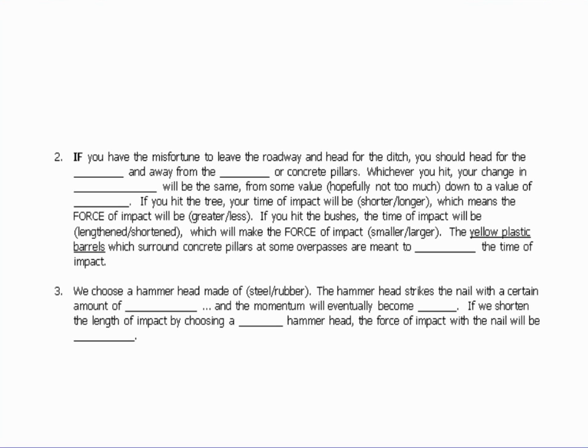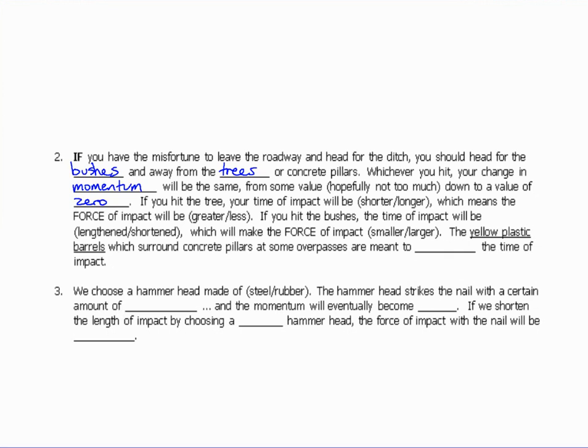If you have the misfortune to leave the roadway and head for a ditch, you should head for the bushes and away from the trees or the concrete pillars. Whichever you hit, your change in momentum will be the same, from some value, hopefully not too much, down to a value of 0.